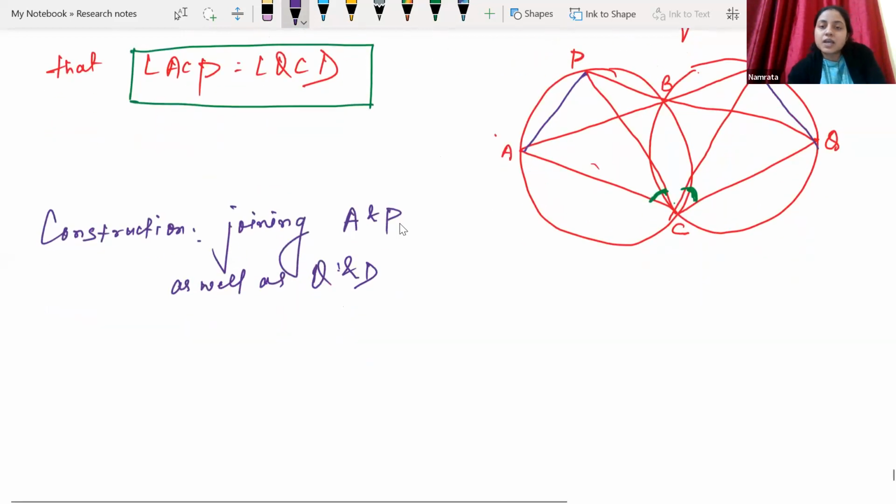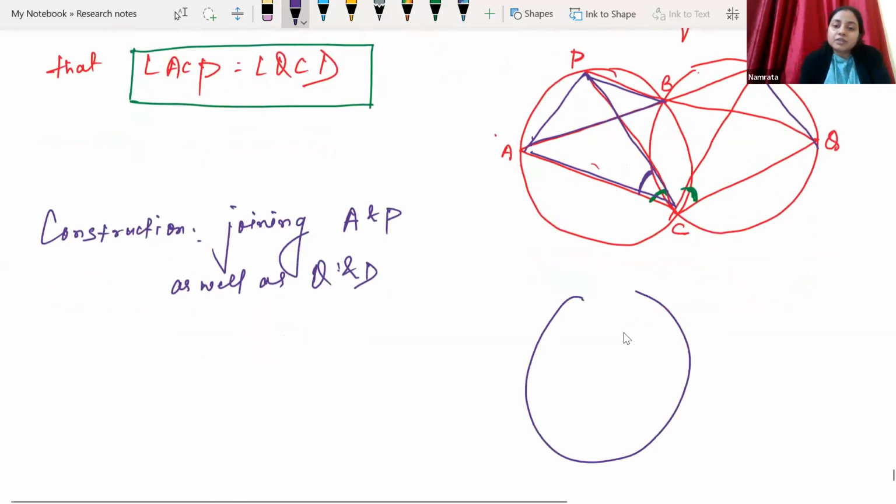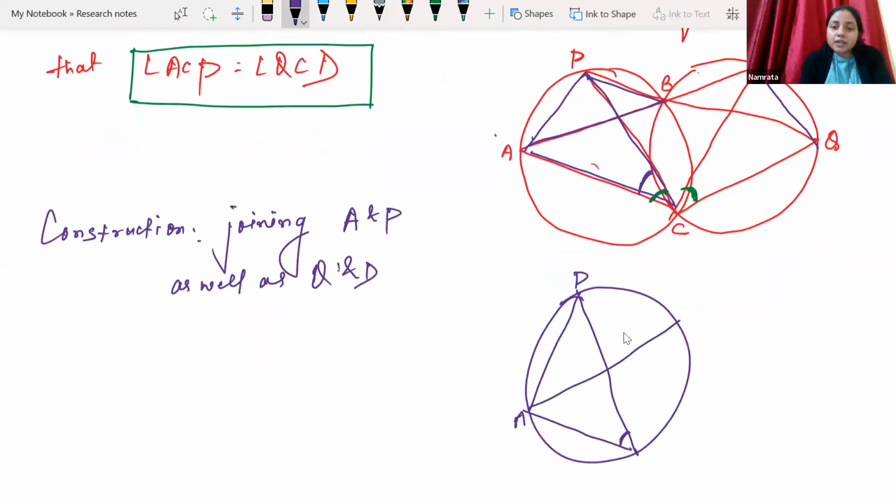Now, since we have made this purple line, let's focus on A and P. So can we say this one and this one both are in the same segment of the circle? If I am having a circle and there is a point A, there is a point P, then here we are having one angle and here we are having one angle and both will be equal.